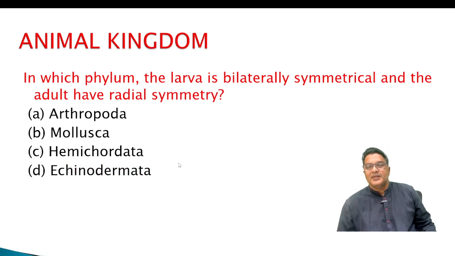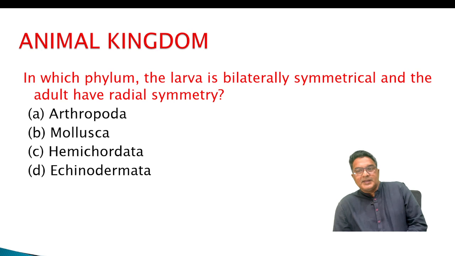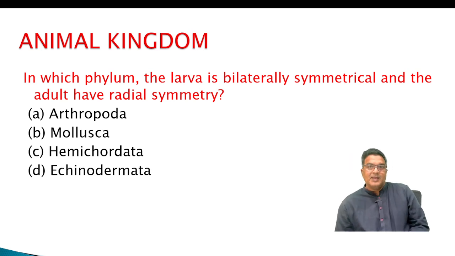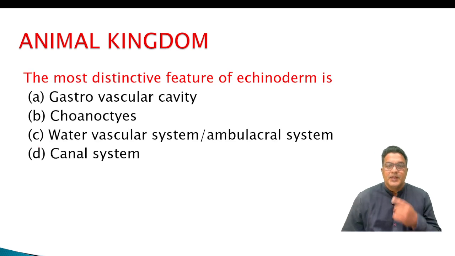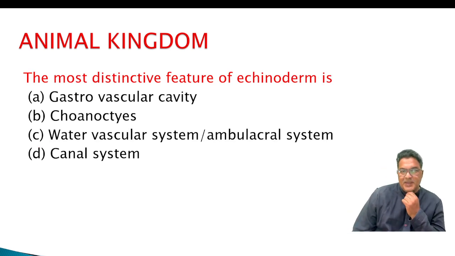In which phylum is the larva bilaterally symmetrical while the adult has radial symmetry? Larva bilateral symmetry, adult radial symmetry: phylum Echinodermata. The most distinctive feature of Echinodermata is? Gastrovascular cavity belongs to Coelenterata.